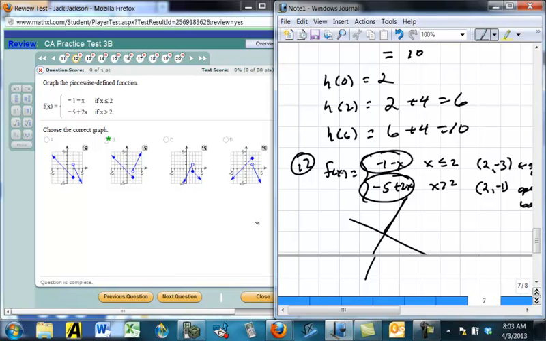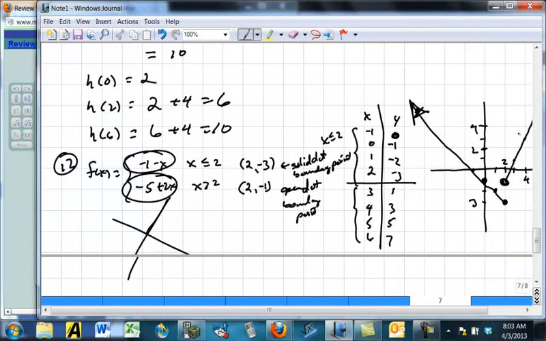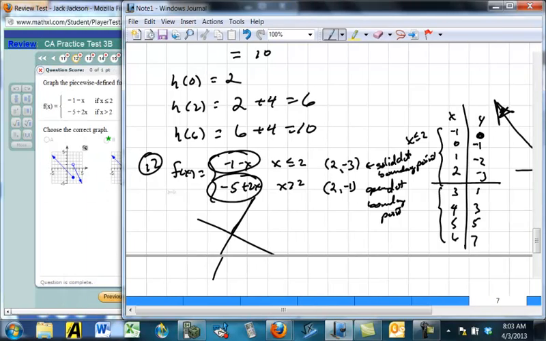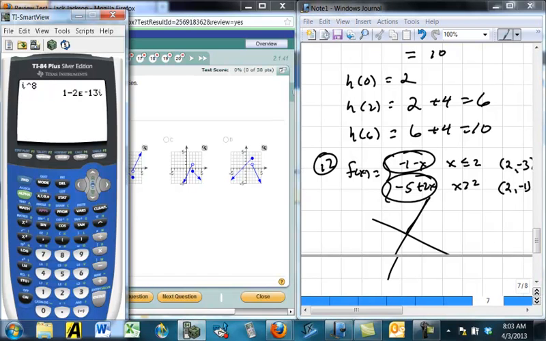And you could use the tables to help you graph, and then you have to go by hand over here and get to the right part, or graph the whole thing and then erase the parts that don't need to be there. You can actually put this in the calculator and get it to graph correctly, but it's a little bit tricky. I don't know if it's worth the effort, but let me show it to you anyway. Put in parentheses negative 1 minus x, and then put the condition that x is less than or equal to 2.